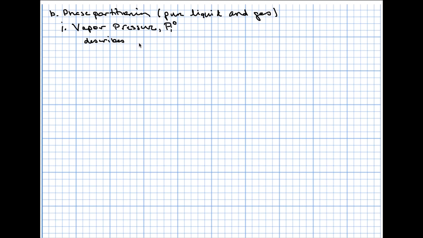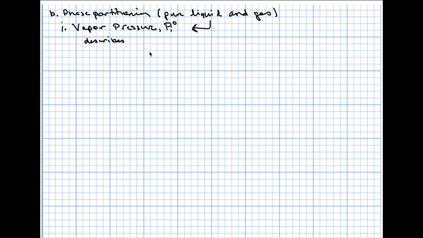Hold on just a second, let me check my notes on one thing. I wrote something a little wrong here. So this phase partitioning between a pure liquid and a gas specifically refers to the equilibrium relationship that's described by the vapor pressure.